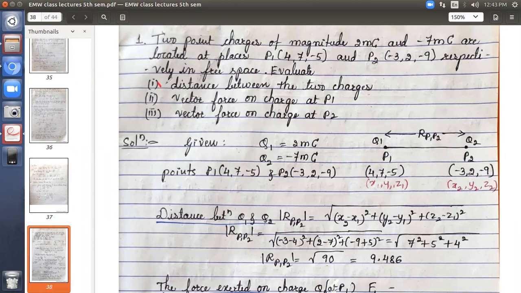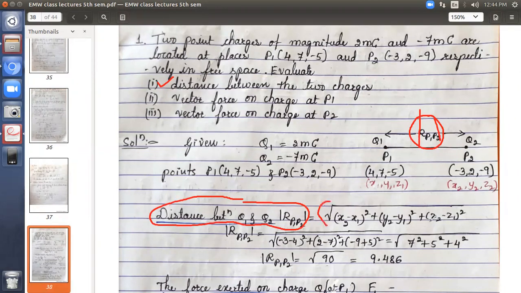Now coming to the first part, we need to calculate the distance between the two charges. That is this capital R, its magnitude we want. What is the distance? Okay, no direction, only distance, between Q1 and Q2. For that, we need to go for the distance formula. You know this already.